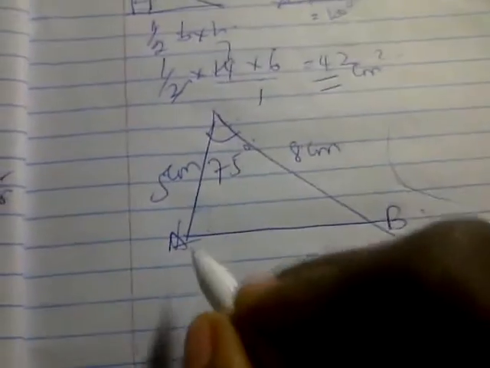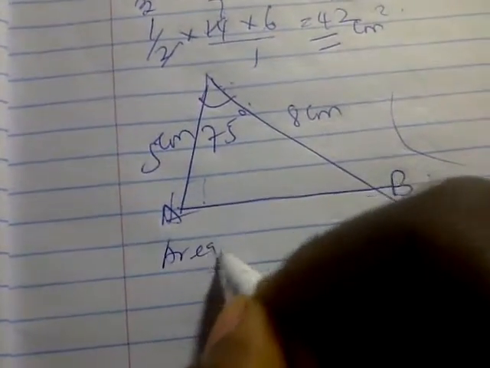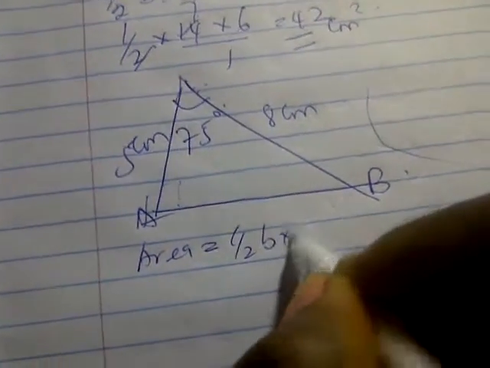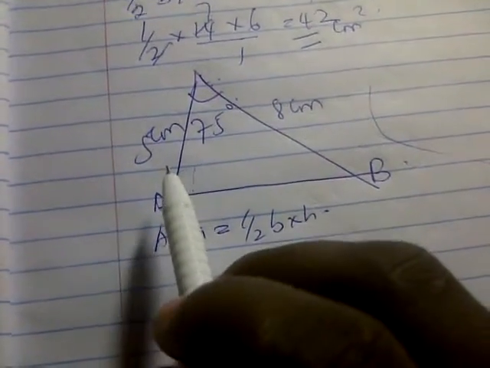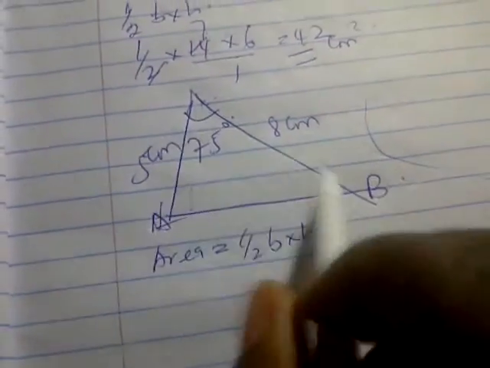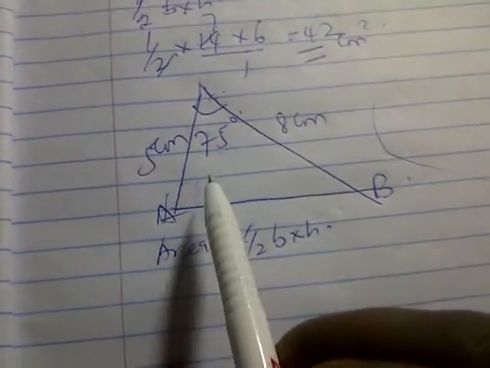Now remember that normally for a right angle triangle, the area is half base times height. For this triangle, instead of saying half this times this, we'll do half this times this, and then multiply by sine of this angle.